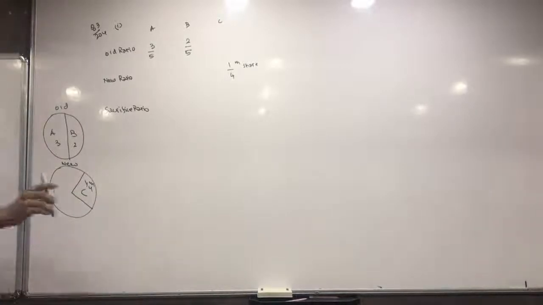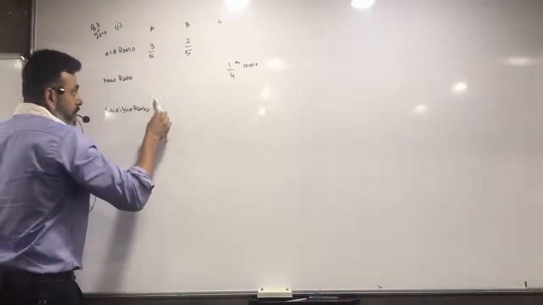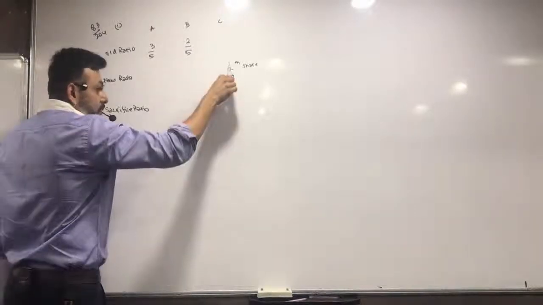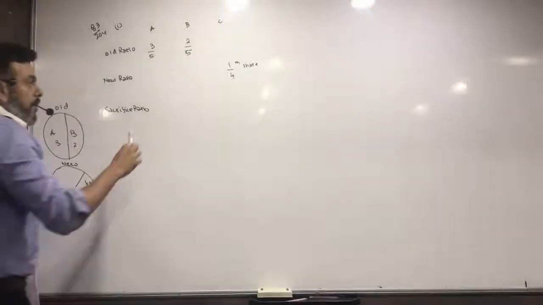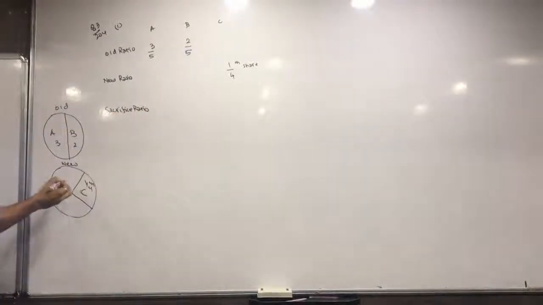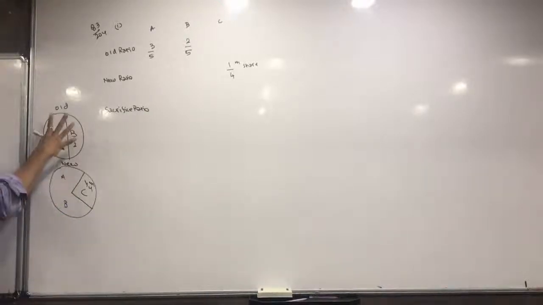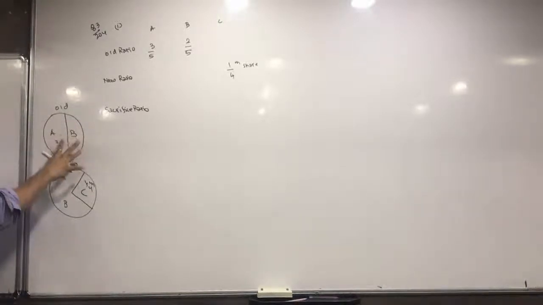But yes, I hope all of you know that sacrifice of A plus sacrifice of B is equal to gain of C. The whole point is how we find this remaining ratio of A and B. You understood this. ध्यान देना please, this is important.